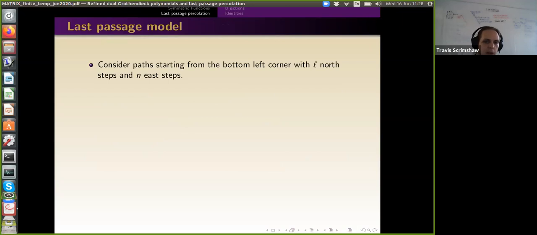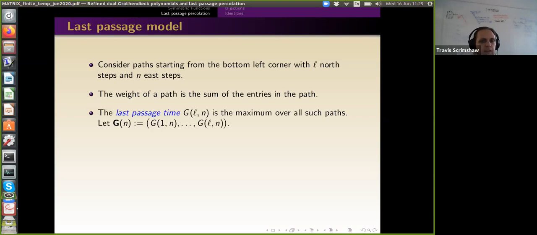And how we build that connection is in our matrix. We start in the bottom left-hand corner, and we're going to move up. We're going to have L north steps and N east steps. And this is going to give us a path in this matrix. And we're going to define the weight of the path to be the sum of the entries.